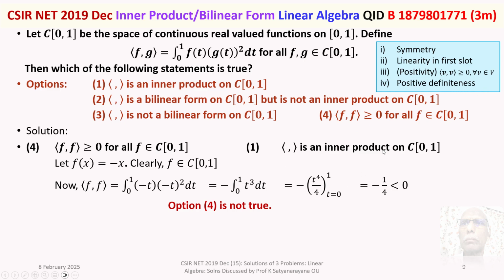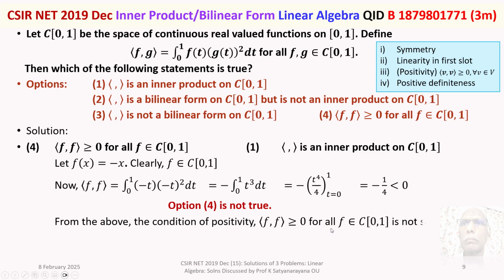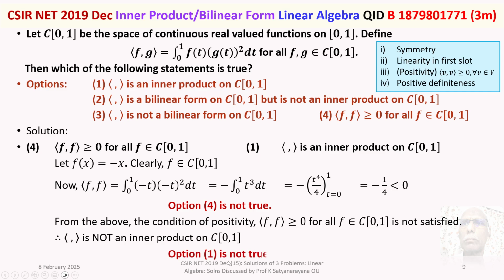The positivity is not satisfied in this, therefore it is not an inner product. The condition of positivity, that is bracket f comma f greater than or equal to 0 for all f belonging to C01, is not satisfied, therefore this is not an inner product on C01. Thus option 1 is not true.